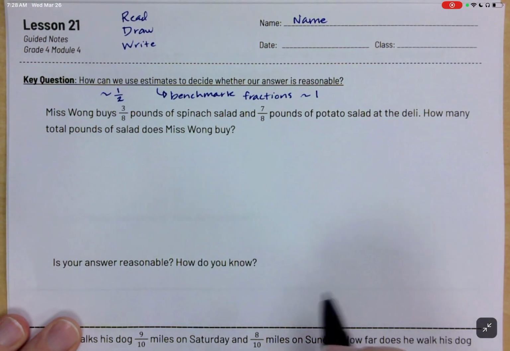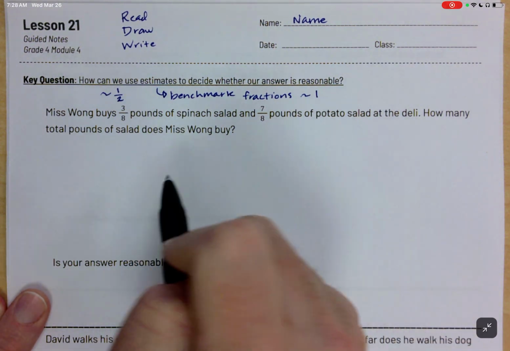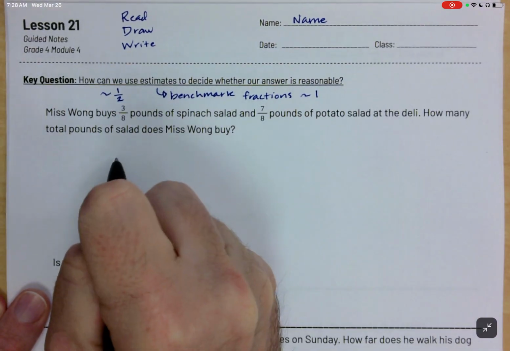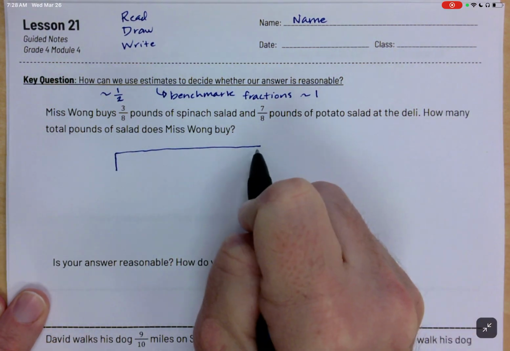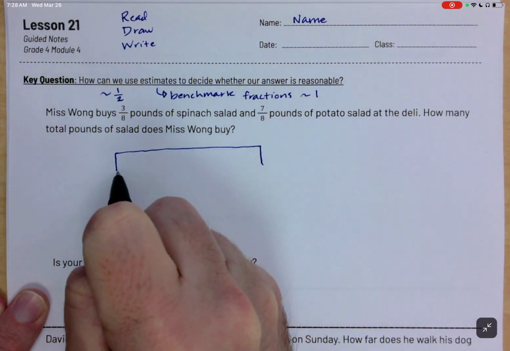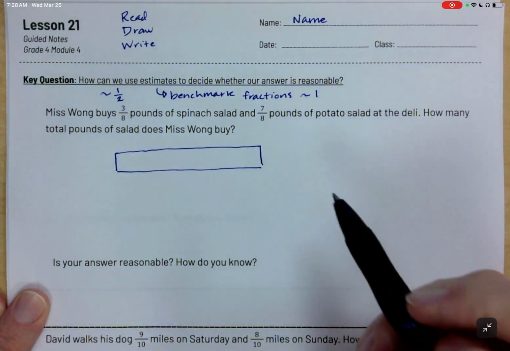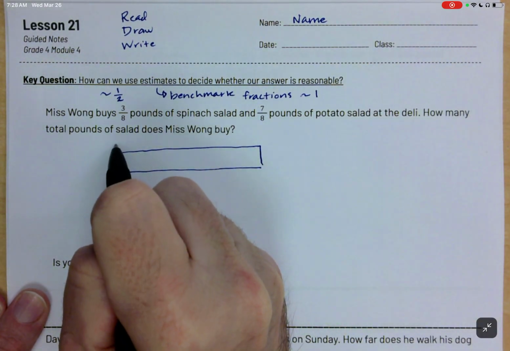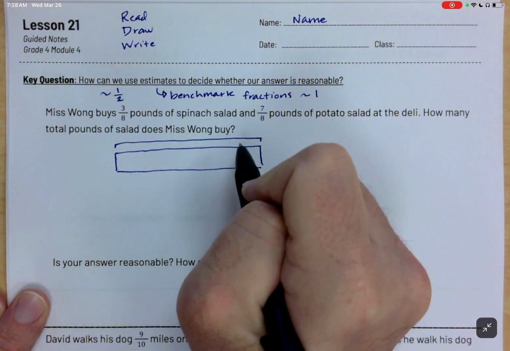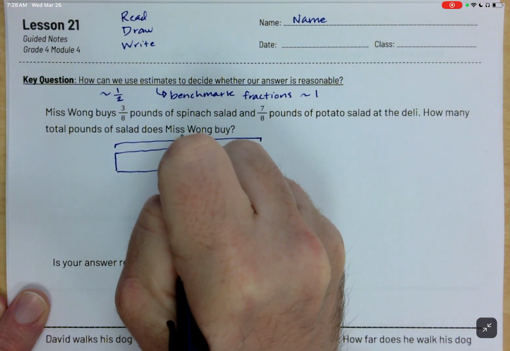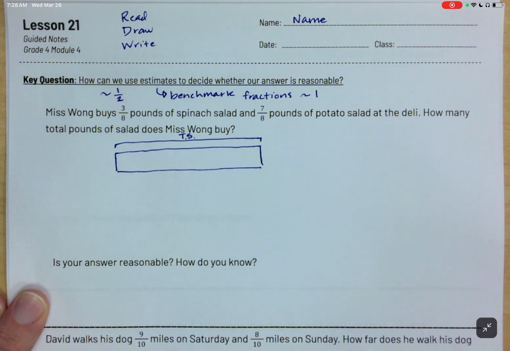So I've read, now I will draw, and I'm going to represent this with a tape diagram. So here I will show all the salad. This is the spinach salad and potato salad put together. And I'm just going to call this TS, or total salad.